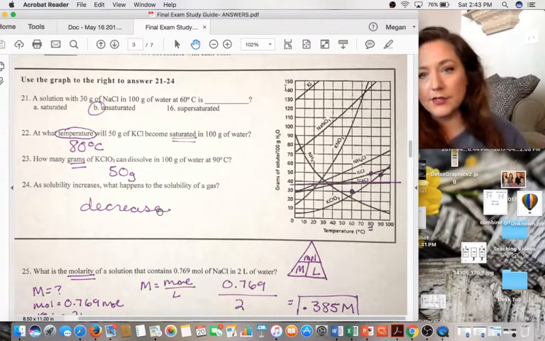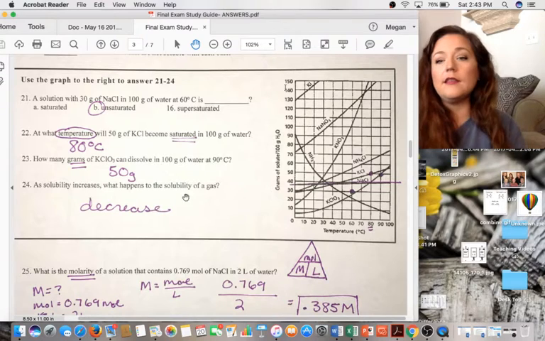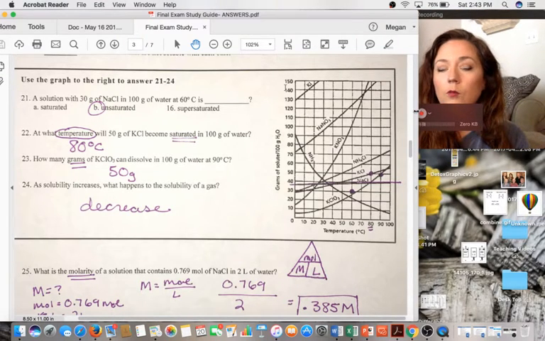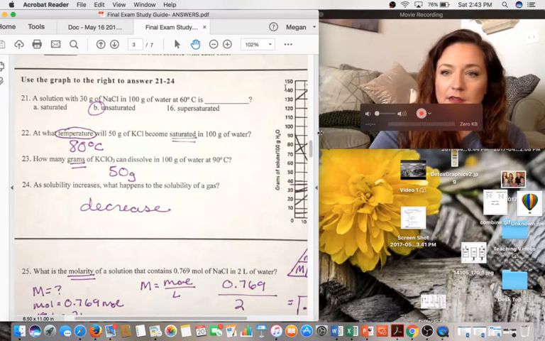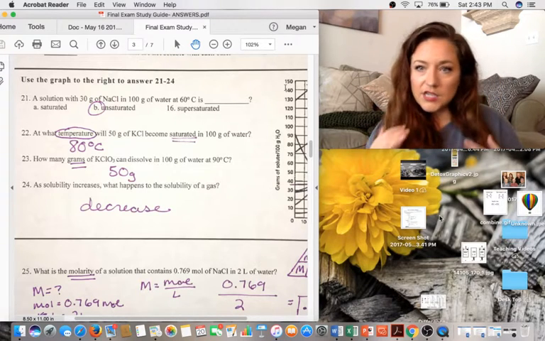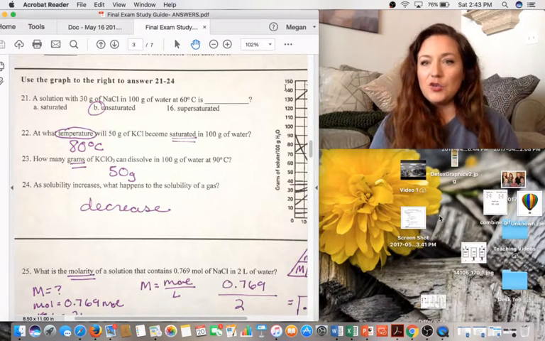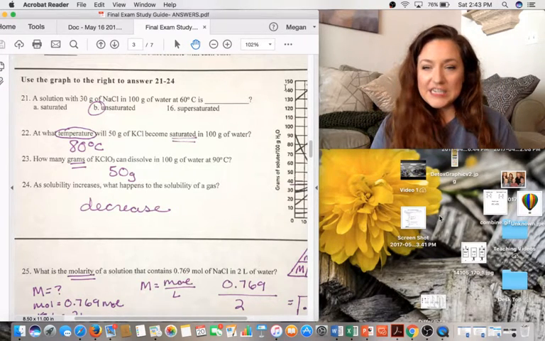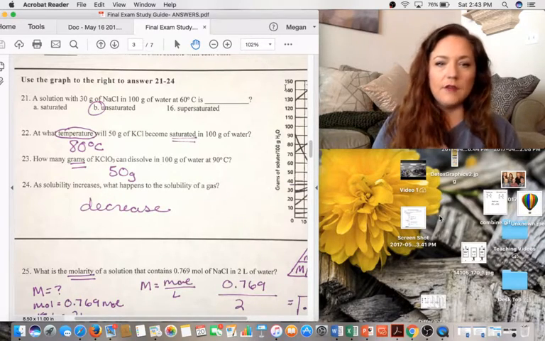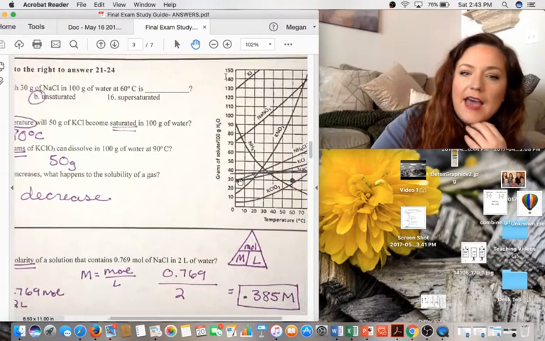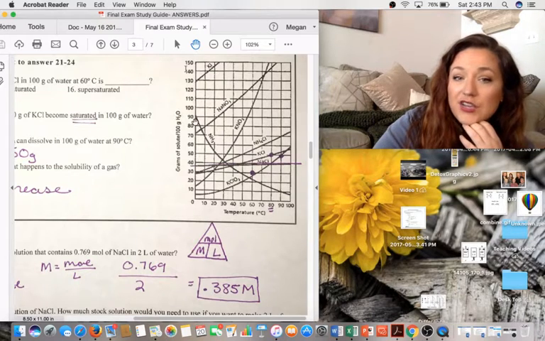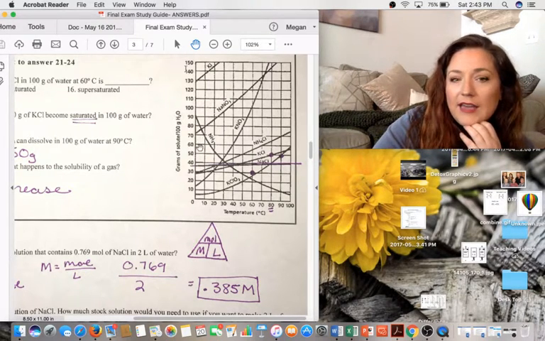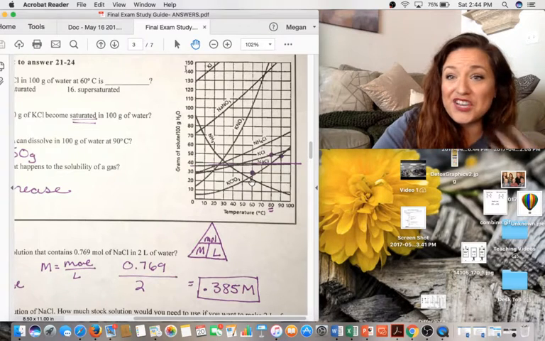24 is asking you to see that when you have gases trying to be dissolved into a liquid, you have to decrease the temperature in order to get them to dissolve. So please notice that as the temperature increased, NH3, which is a gas, decreased its solubility because the temperature increased.